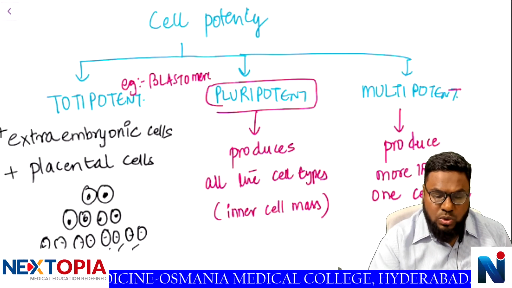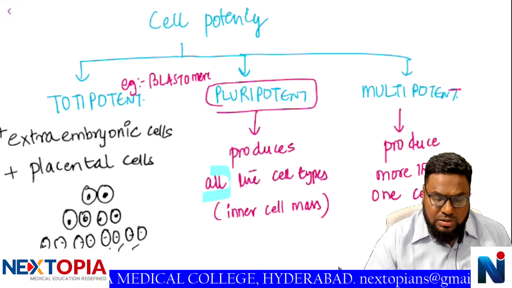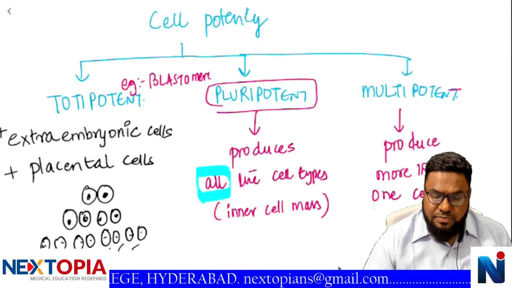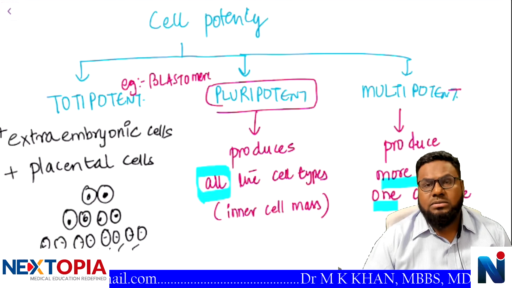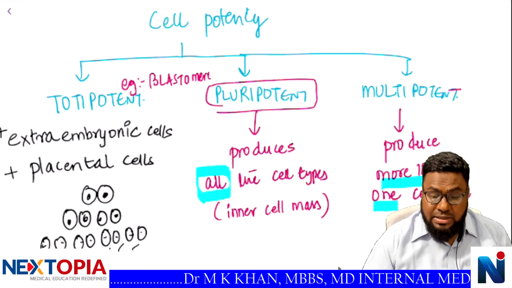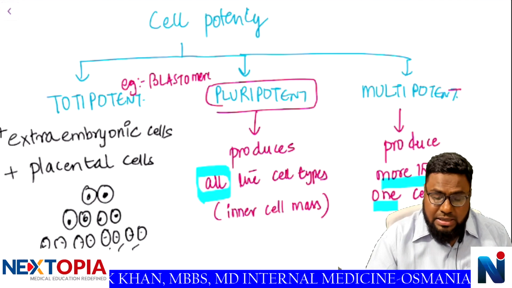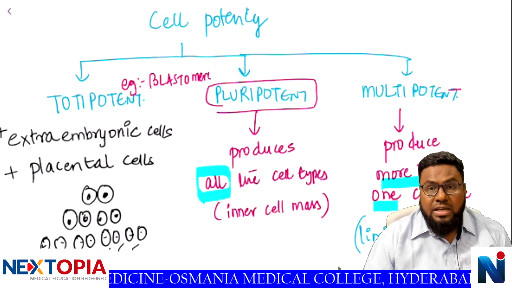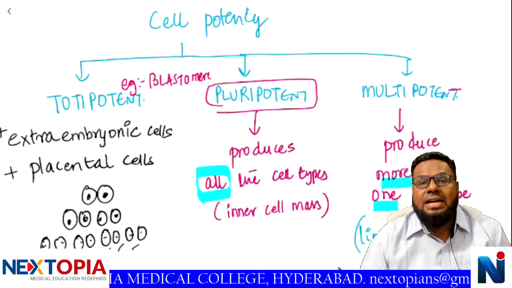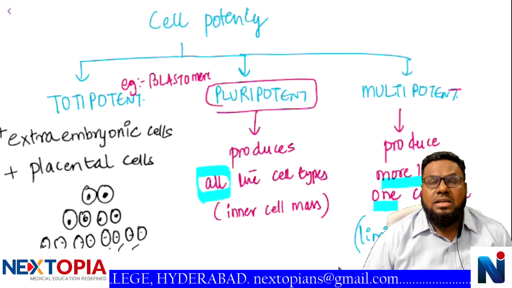A pluripotent cell gives rise to all cell types, whereas a multipotent cell gives rise to one or more than one, but it is limited. It is not all. It is limited to a few different cell types. That is why you are calling it multipotent.